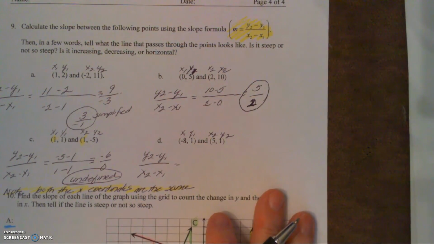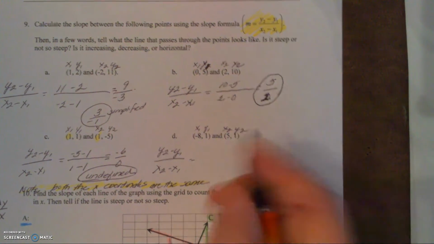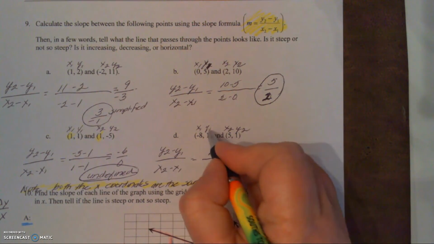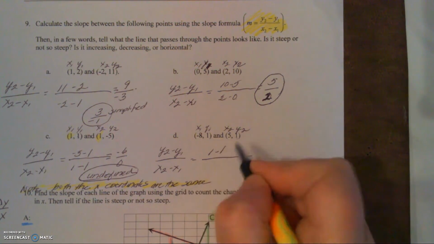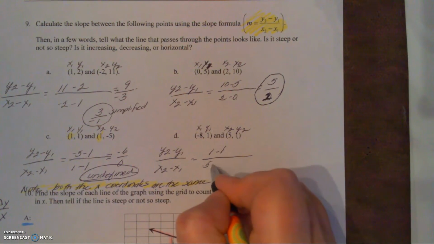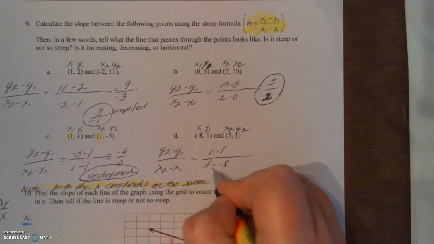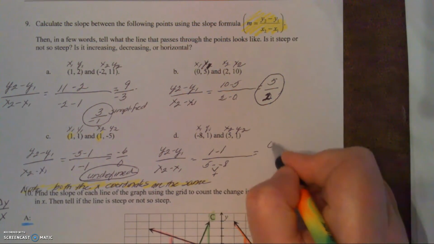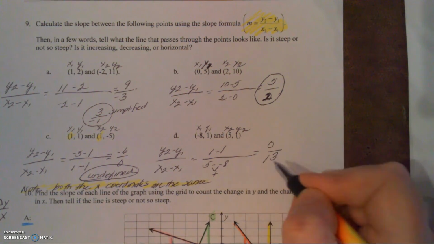Okay? Now the next one, you can see the whole page. So the next one we're going to do is y2 is 1, y1 is 1. Then we're going to do 5 minus negative 8. Now remember, when you have two negatives together, they're positive. So 1 minus 1 is 0, and 5 plus 8 is 13.